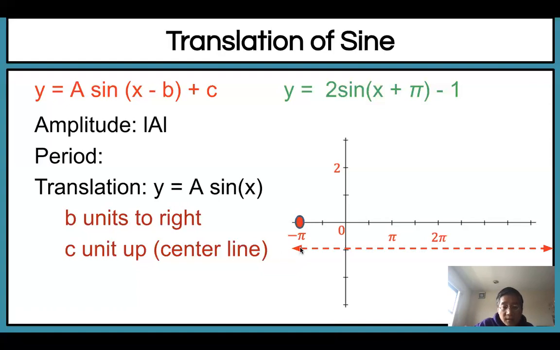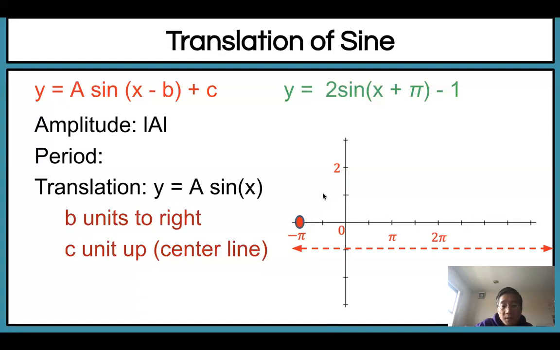Okay. And then what do you do? If you look at the calculator, for each interval, here it goes to the highest value. Amplitude is what? 2. So 2 units go up, 1, 2, up to here, right?